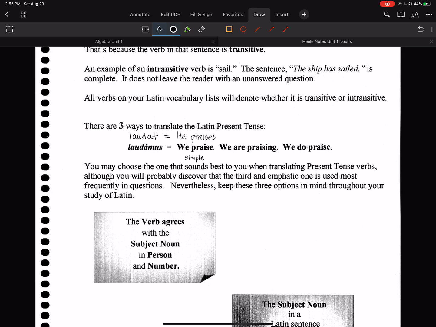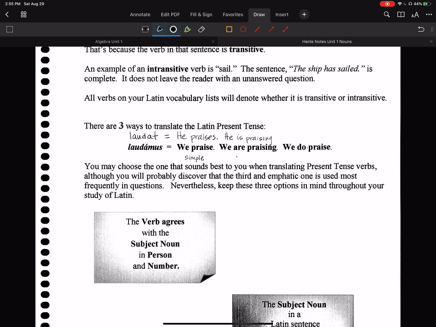Then there's another way you can do it, a little fancier, called the continuous translation, which means that he is actually, at this moment, in the process of praising and still working through it. It's ridiculous. This is something you don't actually use that often in English, but it exists. So I'm going to say "he is praising."